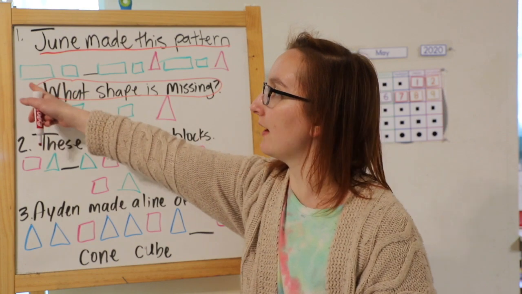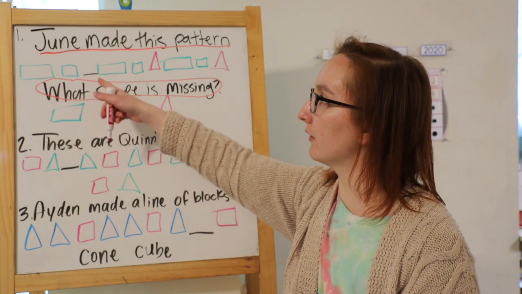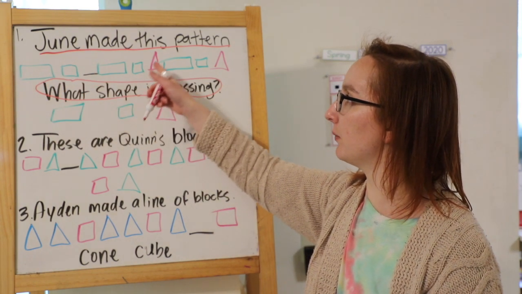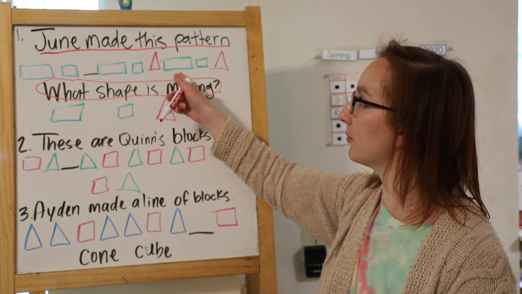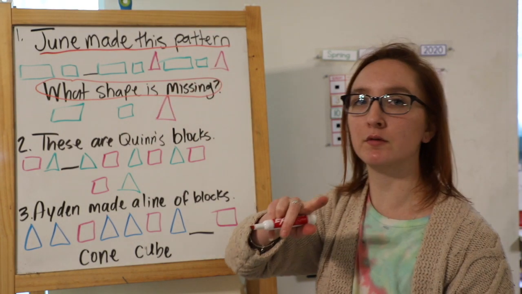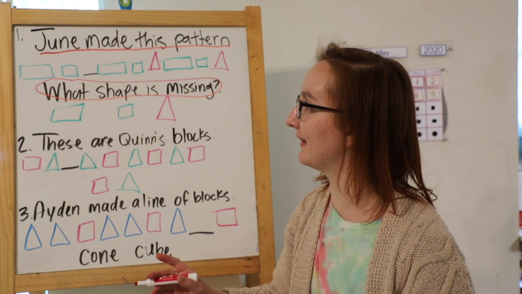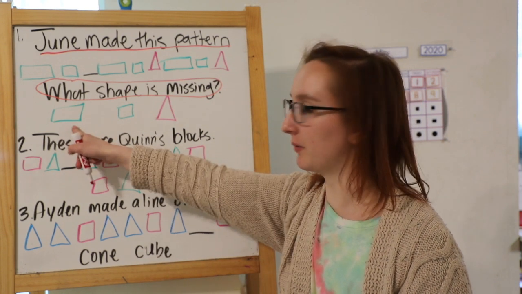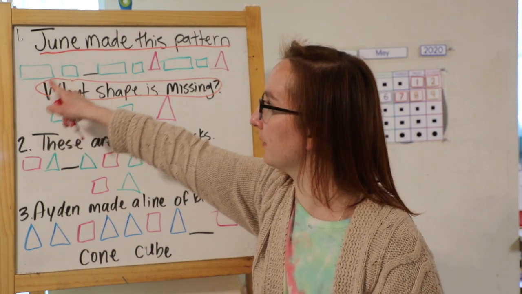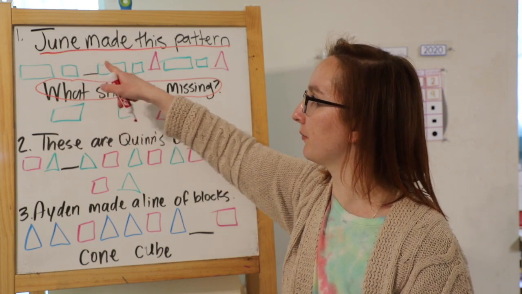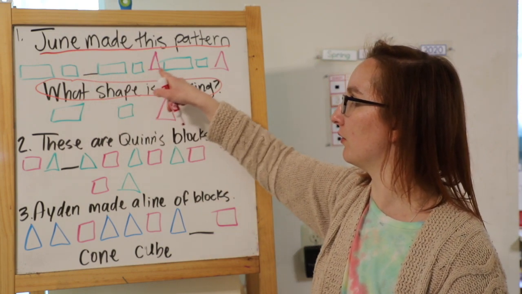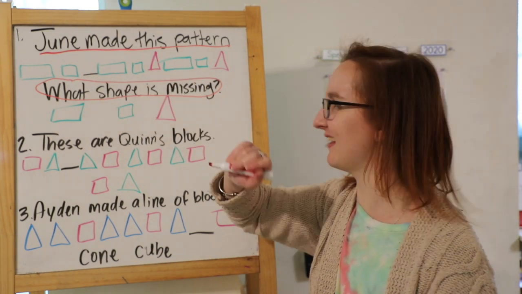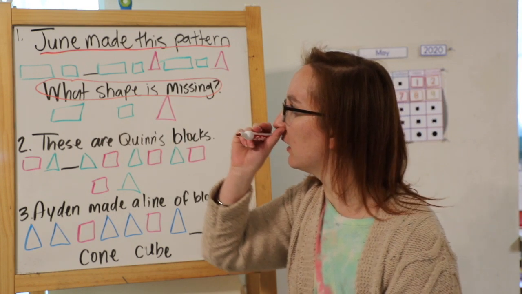So let's go through and say it out loud and we'll figure out which one is missing and we'll circle that. So a rectangular prism, cube, blank. Rectangular prism, cube, cone. So what is missing there? Is it rectangular prism? Rectangular prism, cube, rectangular prism, cube, cone, that doesn't sound right. What if it's another cube?